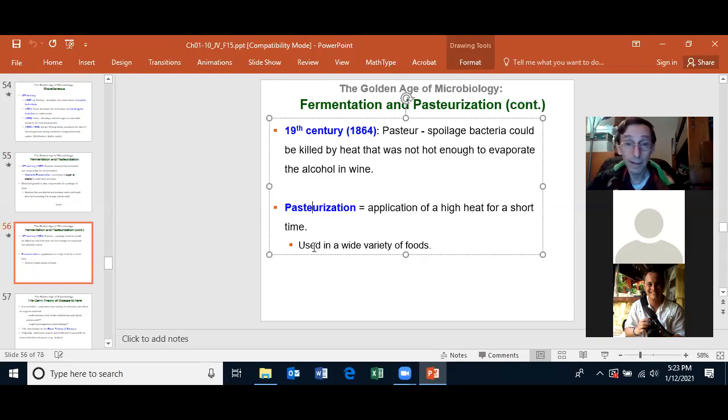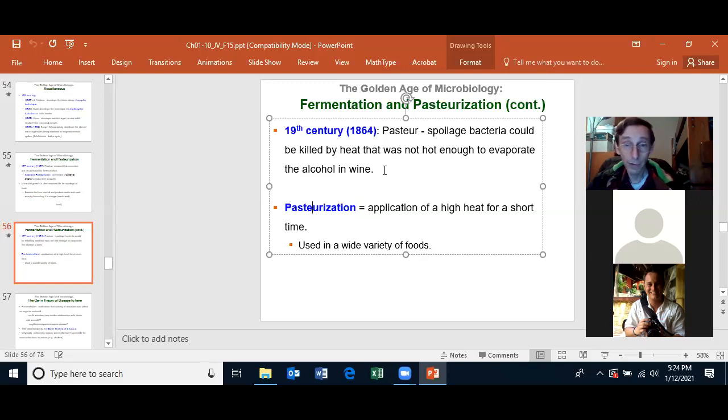Anyways, pasteurization, the application of high heat for a short period of time, is very common and used for a wide variety of foods. It does not sterilize the food. Pasteurized milk does have a shelf life, because pasteurization stops the spoilage bacteria, but it does not kill all of the bacteria in the milk.